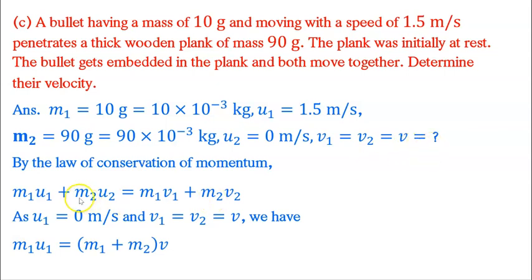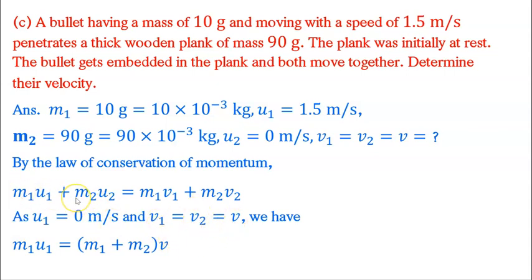Therefore, by the law of conservation of momentum, m1 u1 plus m2 u2 is equal to m1 v1 plus m2 v2. Here it is not u1, it is u2, the velocity of the thick wooden plank, which was a mistake. Therefore u2 is equal to 0 meter per second, and v1 is equal to v2 is equal to v.